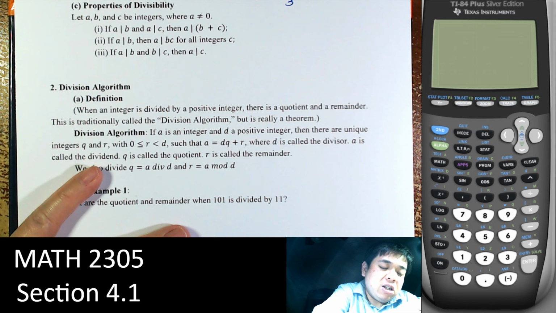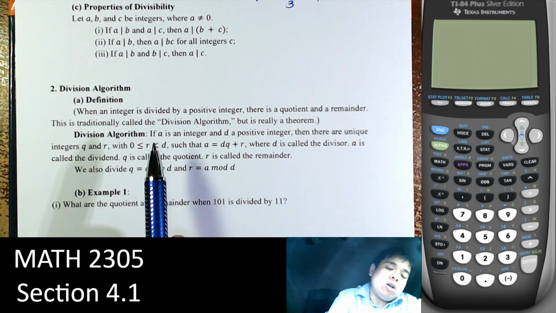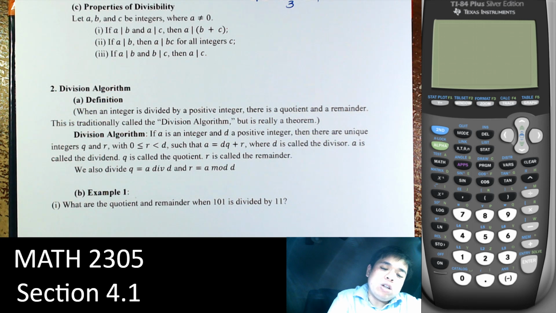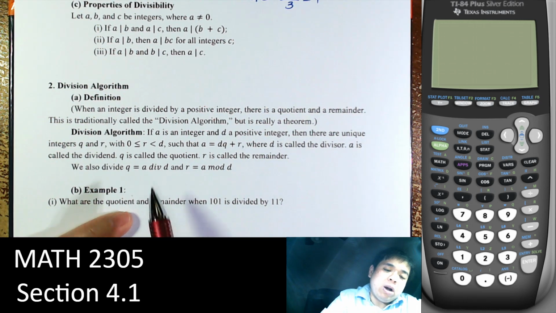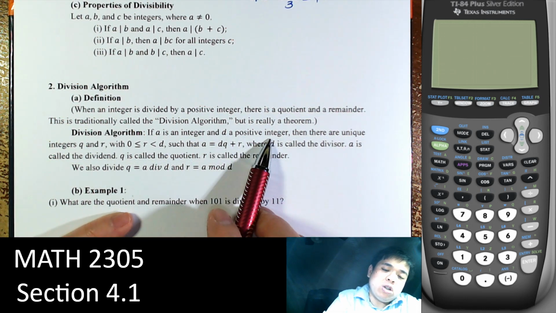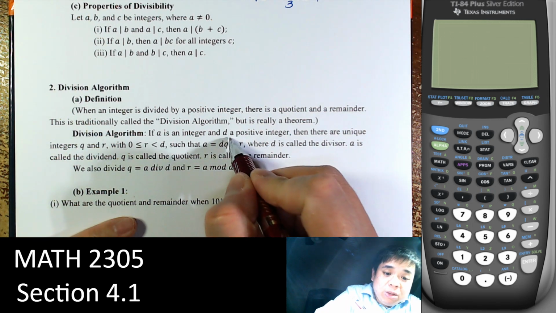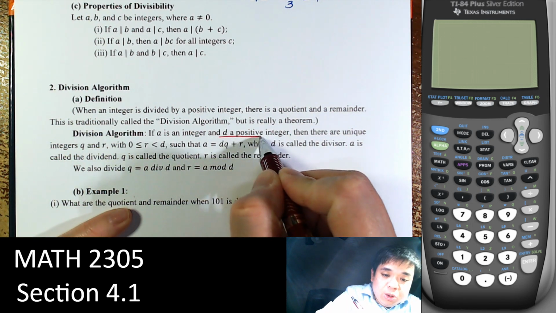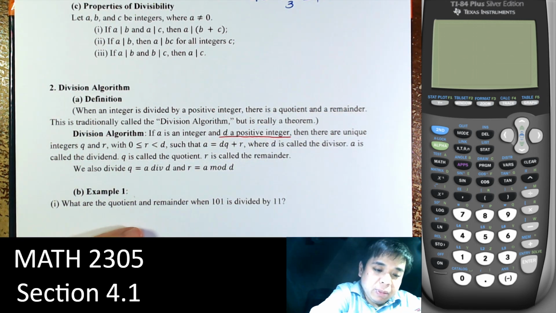Next, the division algorithm. When an integer is divided by a positive integer, there is a quotient and a remainder. This is traditionally called the division algorithm, even though it is a theorem. It doesn't matter what a is, and d is a positive integer, so we restrict it to be positive. It's not going to be 0, and of course not negative.